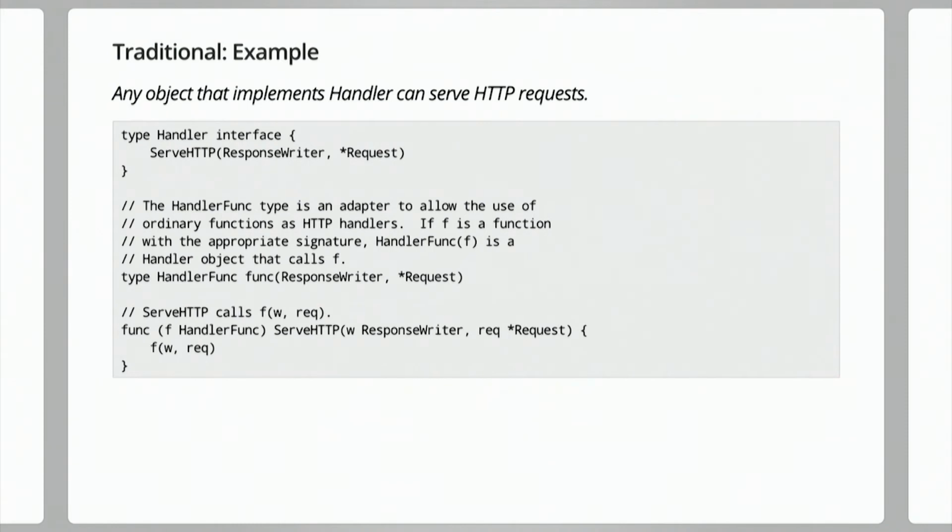Having a strict contract that says, here's how you implement a new handler, you can define as many new handlers as you need. As long as you have a struct that satisfies that, or has a function that receives a handler func, you satisfy the handler interface, and it works just like a plugin.